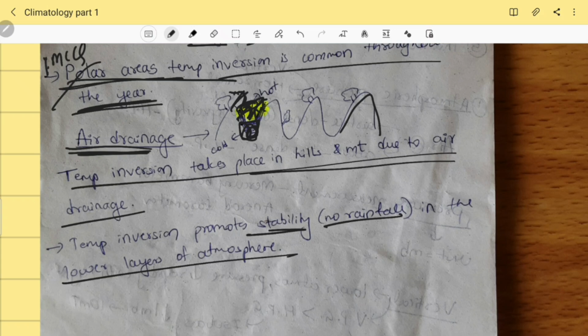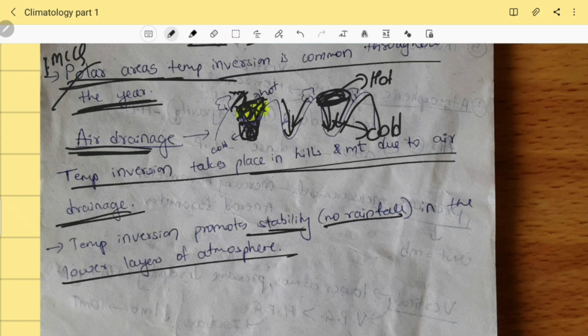Temperature inversion takes place in hills and mountains due to air drainage. So the cold air drains into the valley, down the valley here, and the hot air goes above, and so it forms a cold layer.